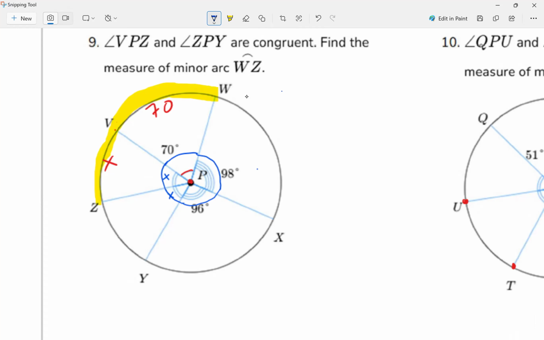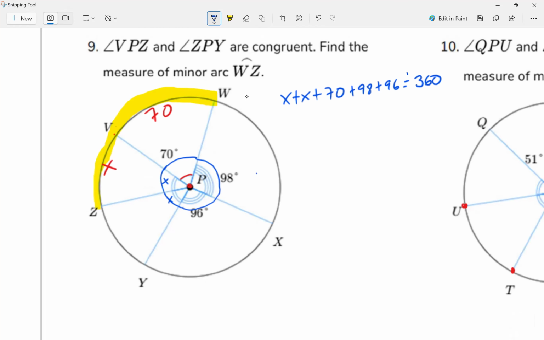So I have X plus 70 plus 98 plus 96, and in this case I'm going to let it equal 360, because it is a circle. I'm going to solve for X first, and then come back and answer my question here.